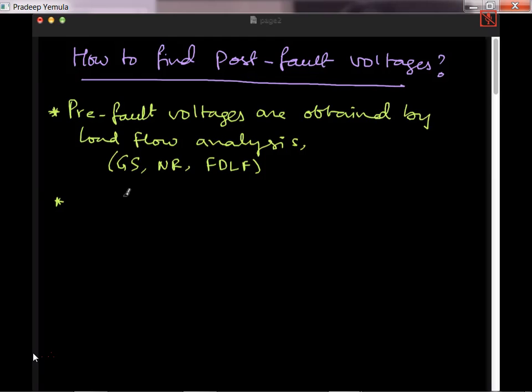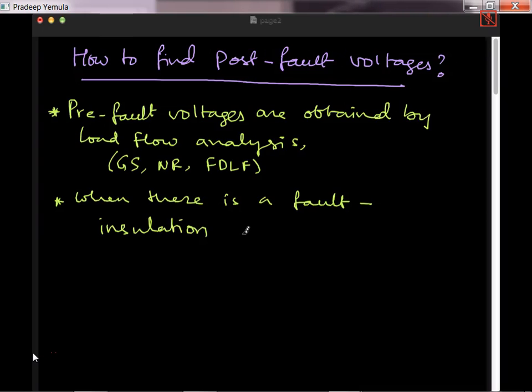Now what happens when there is a fault? What is a fault? Fault means the insulation of the system breaks down.